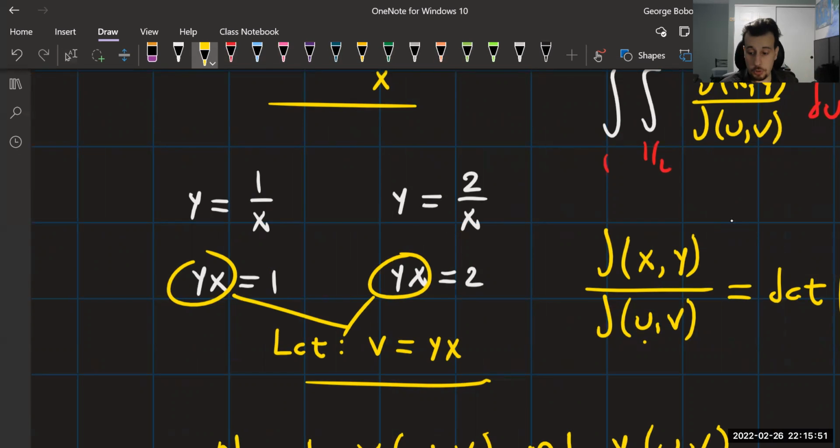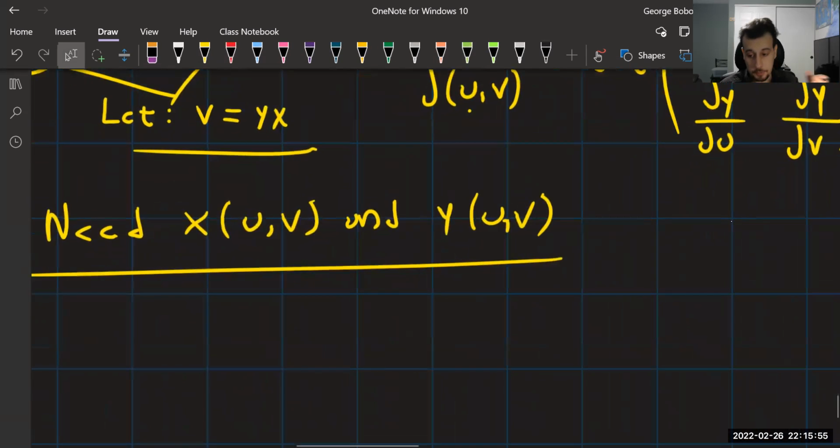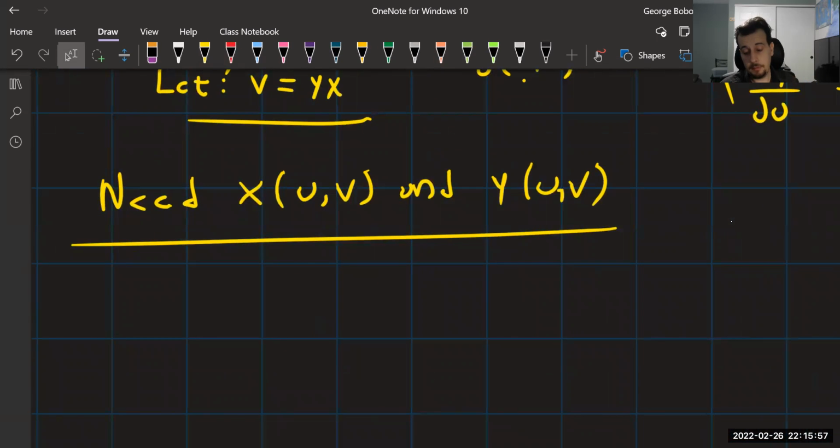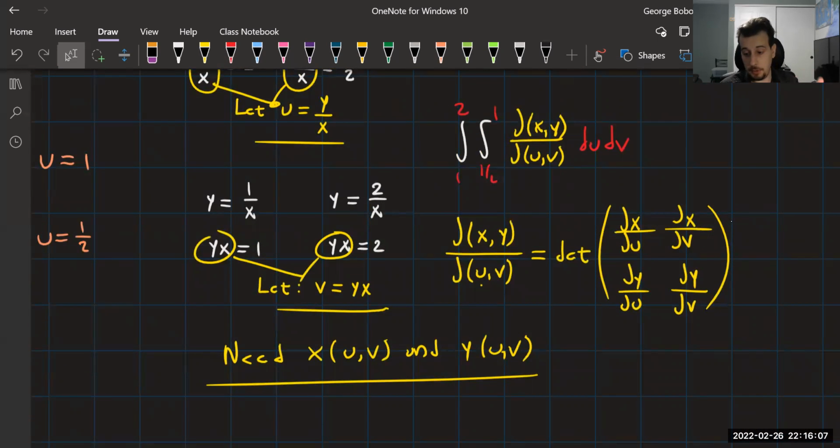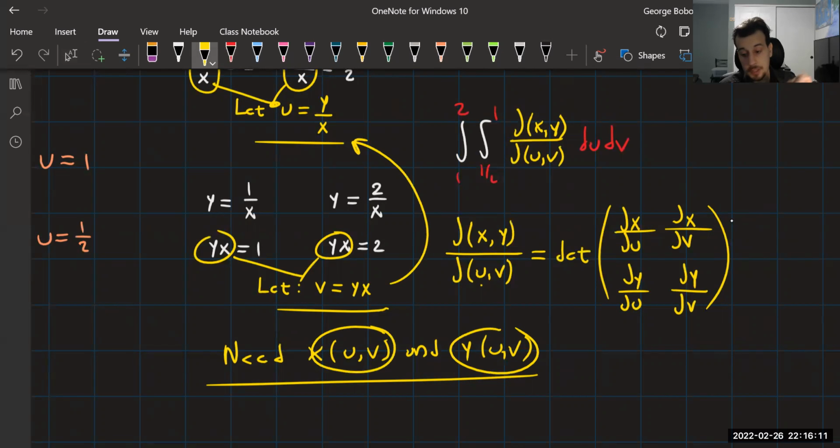So once I have the substitutions, your next goal, if you're doing this in my order, is to get what x is as a function of u and v and what y is as a function of u and v, because now you have equations to work from. So you get these from combining these in some meaningful way.